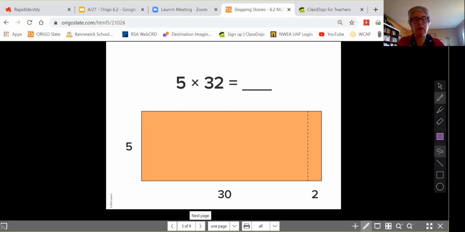So we can see that we can split up the 32 into place value, into the 30 and 2. So we could multiply 5 times 30 and then 5 times 2. I can see the 5 times 30 is a much bigger rectangle because it's a bigger number.